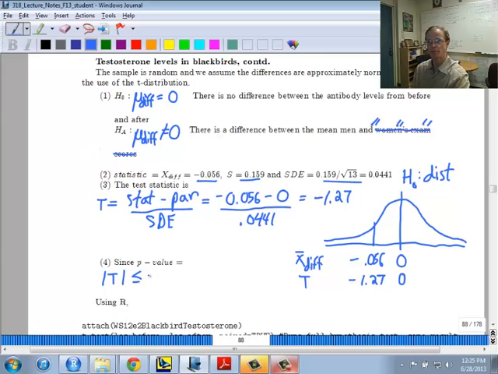We'll have our absolute value of t less than or equal to the critical value, t.05/2. And so we had 1.27 less than or equal to 2.18, was the number we got from the previous problem.